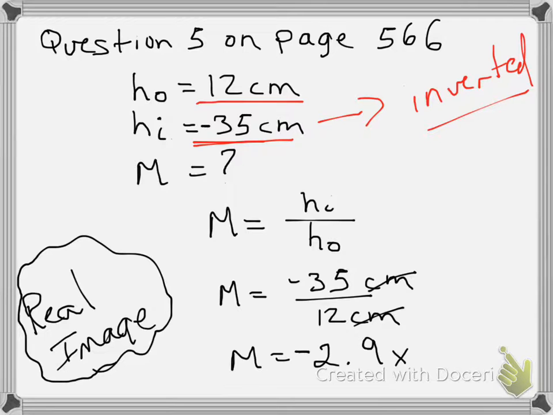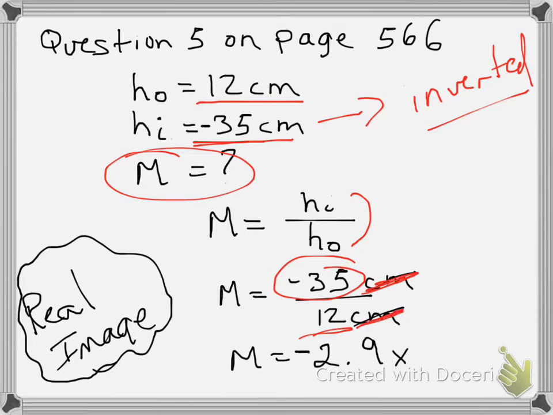So in this case, it's inverted. When it's inverted, it's a negative. We're trying to find our magnification. Magnification is hi-ho, so hi over ho. We plug in our information, so we know the height of our image is negative 35. We divide that by 12. The centimeters cancel out, so there's no unit for magnification, it's just a multiple.